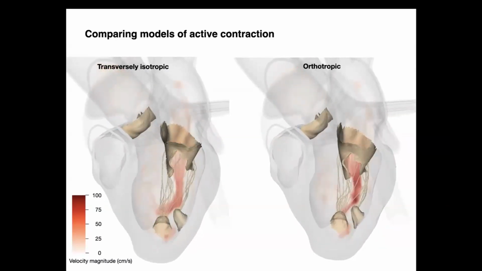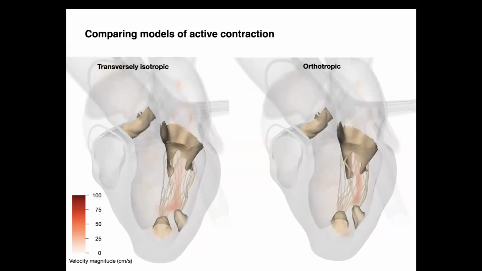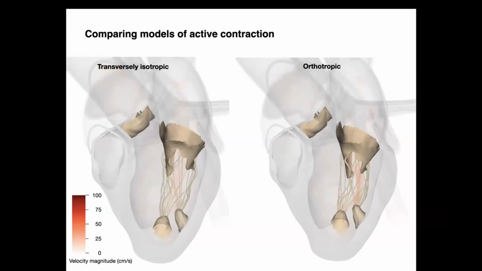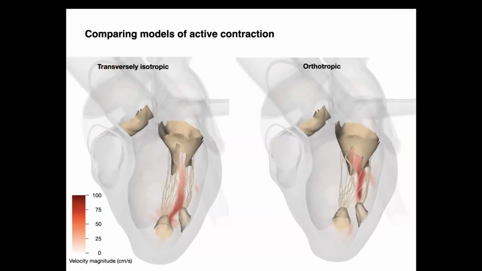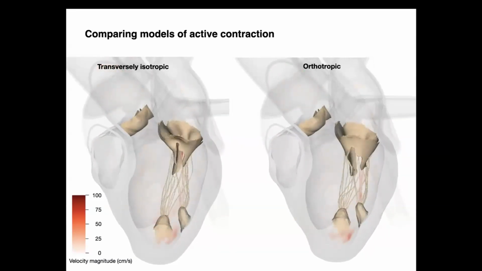So this is looking at two different models of active contraction. One is a model where there's contraction along the muscle fibers and then a corresponding isotropic expansion across the muscle fibers, which is what you might think of as the way that muscle works. This is a model where you have contraction along fibers and contraction across fibers in one direction and not in the other direction.